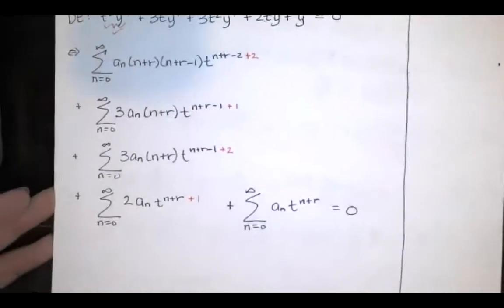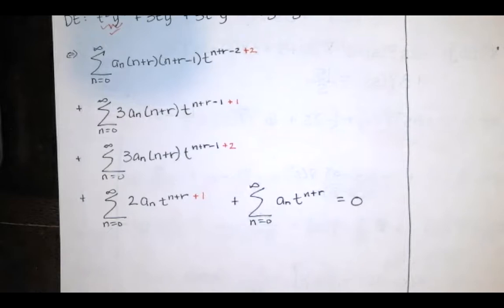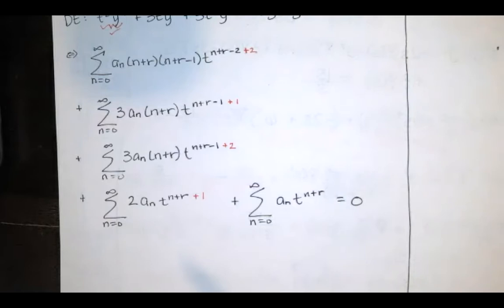And in order to do that, we need to not factor out, but remove terms from each of the series, as necessary, so that the resulting series all start with the same power of t.